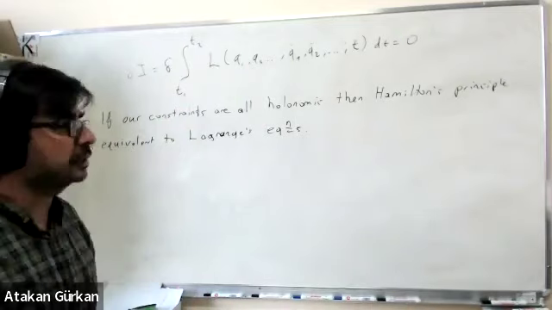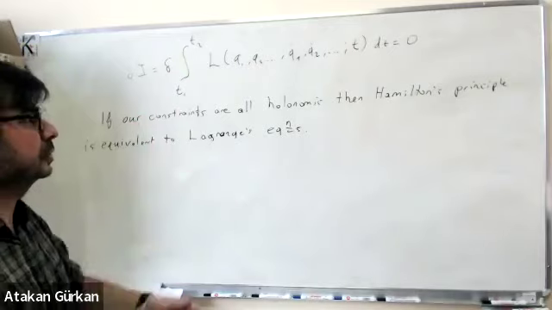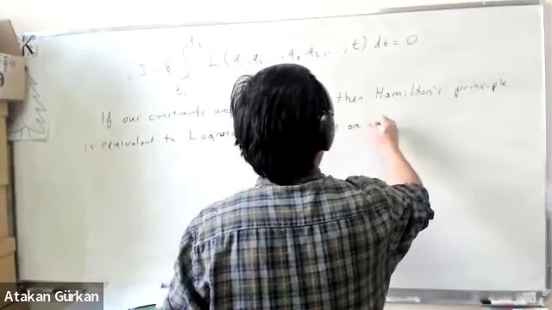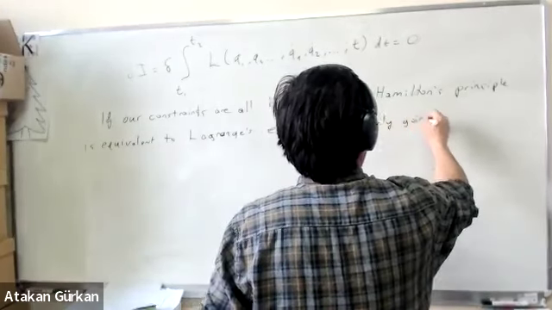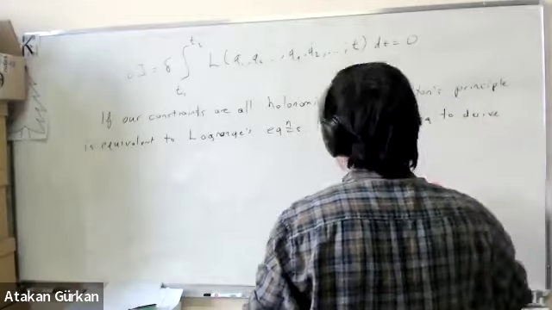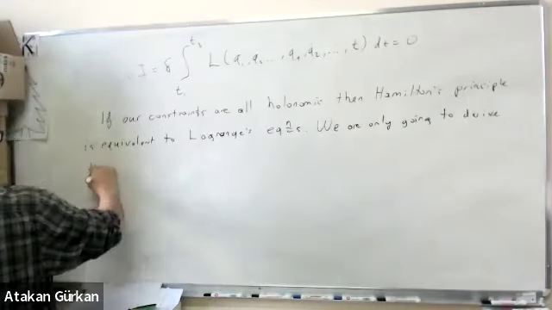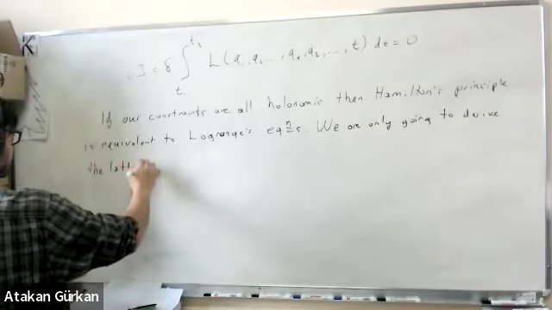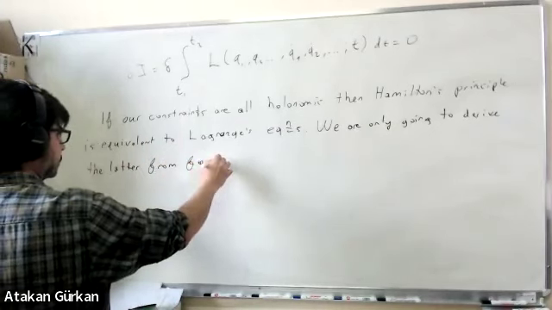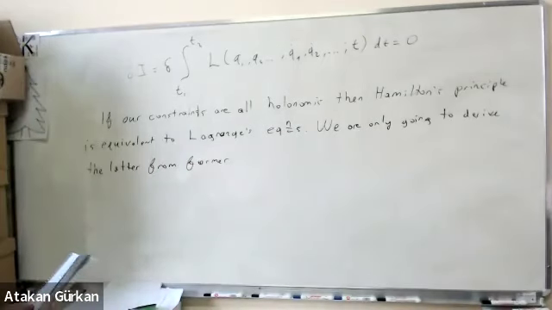Again, you're going to use chain rule again and again, but we're only going to derive Lagrange equations from Hamilton's principle, partly because Hamilton's principle is more basic, more fundamental.